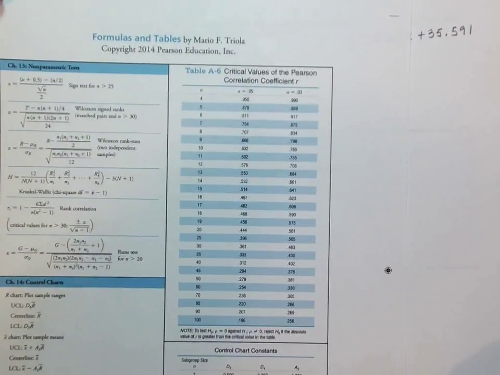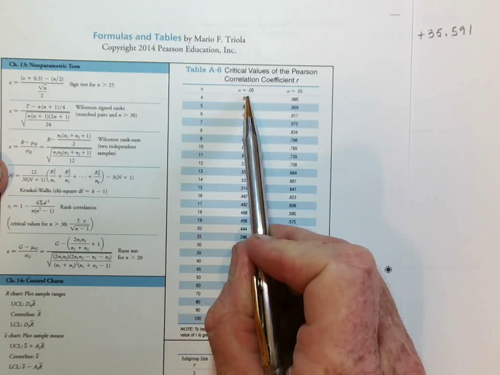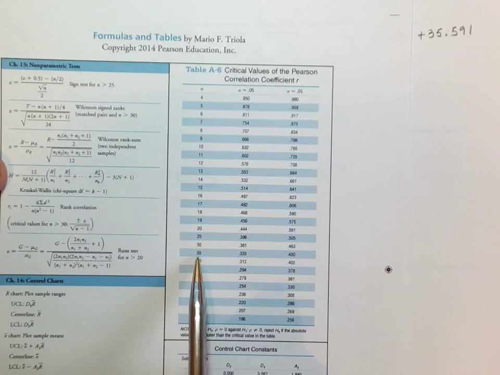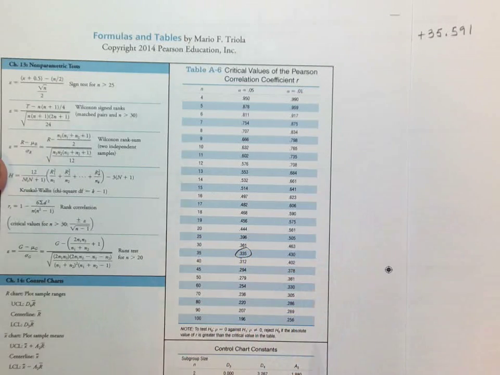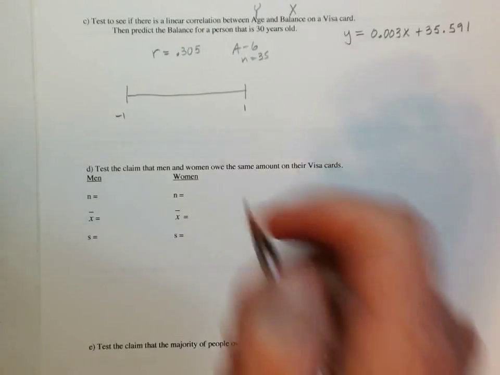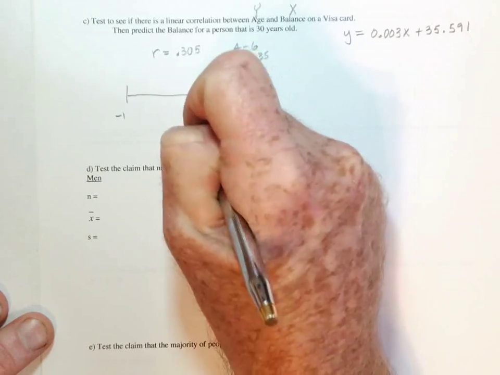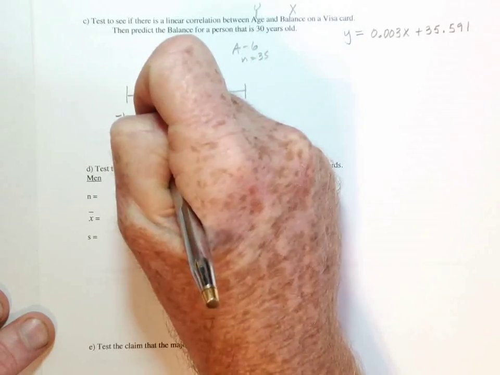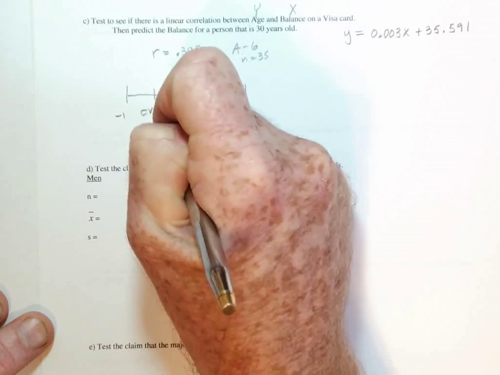And then use table A6, which looks like this. We're going to be using this column for 95% level of confidence, and then look for a sample size of 35, which they happen to have right here. And then the critical value is 0.335. So right here would be a 0.335 as a critical value. And on the other side, it would be negative 0.335.